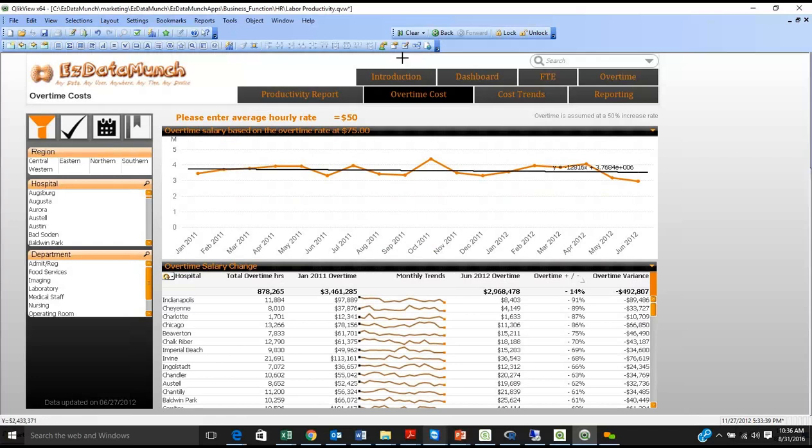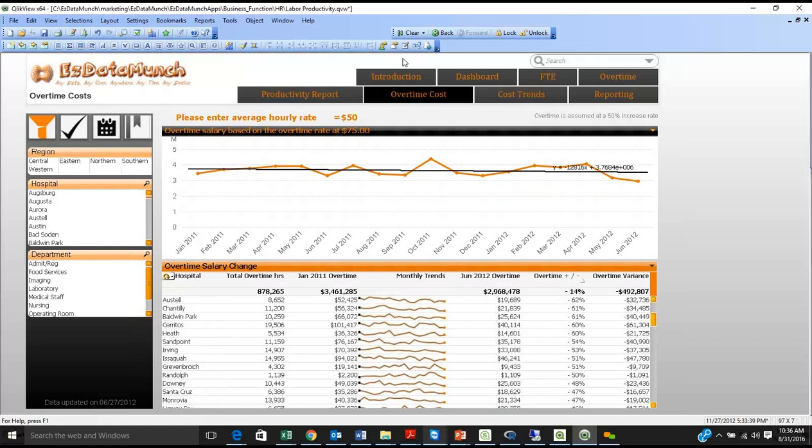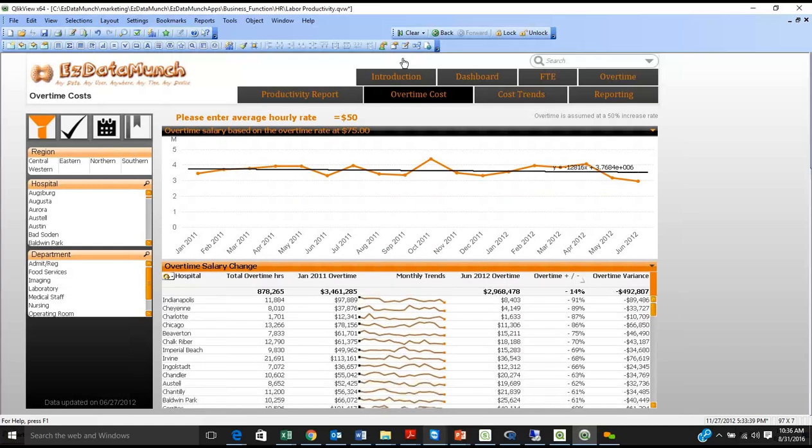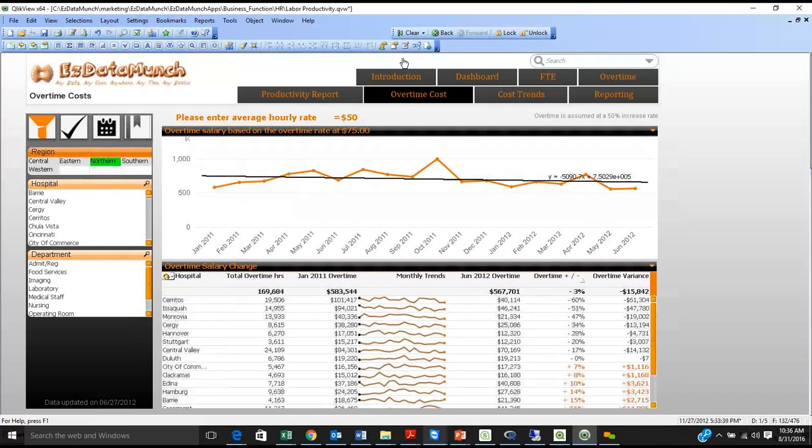Overtime salaries, as you can look at here, so there's a monthly trend in terms of how much overtime they're spending, how many hours they're spending, whether the overtime hours are significantly higher, what's the variance. So again, this also provides you a very good way to look at, and we can look at a specific location or a department or a region, for example.